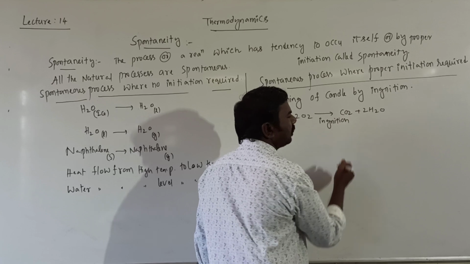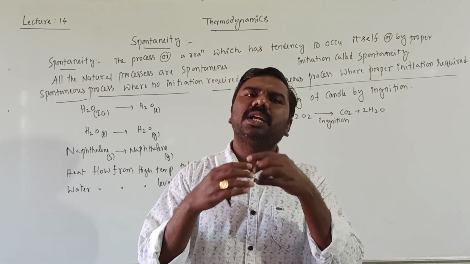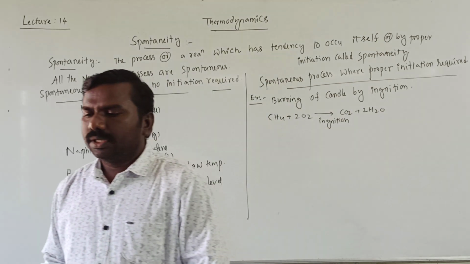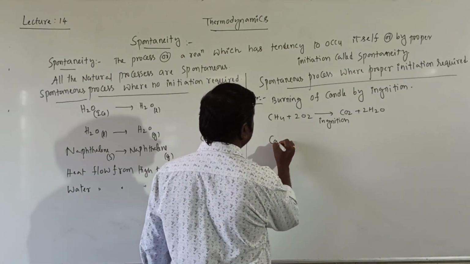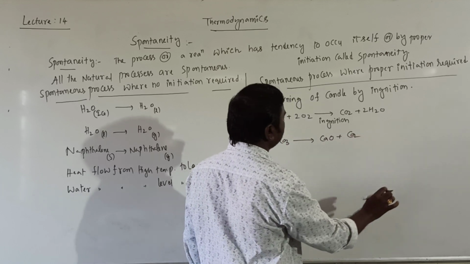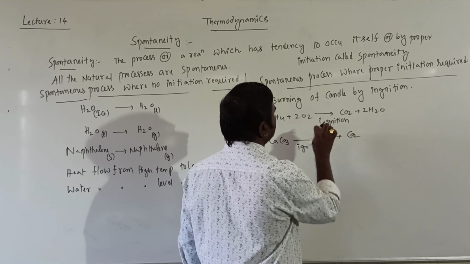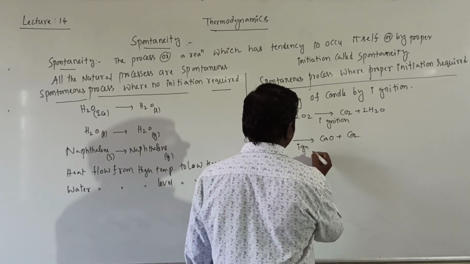You just start this reaction by heating, and then it goes on continuously. You don't need to apply any heat afterwards. Next, CaCO3 decomposes into CaO plus CO2 by ignition. Right.